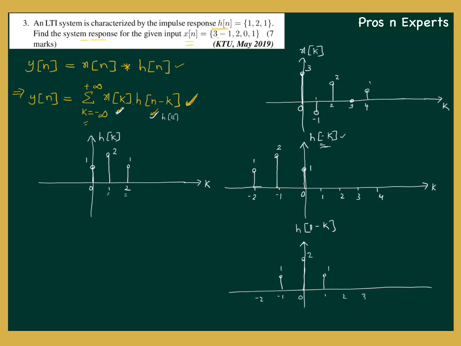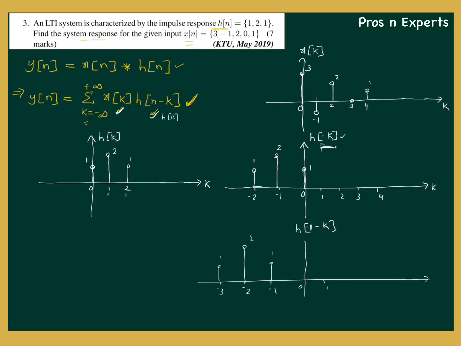So you will get it like this, right? Okay, so this is h of 1 minus k. And in case you want h of minus 1 minus k, you shift h of minus k by 1 unit to the left. So you will get h of minus 1 minus k as the signal, right? So I think that is clear for you.